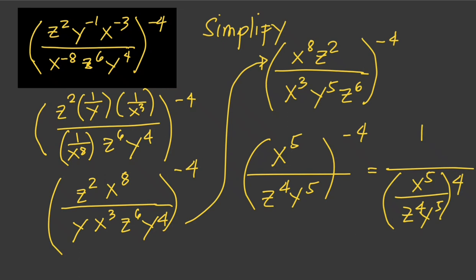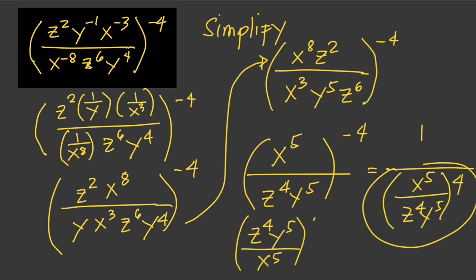Then we can flip this expression here. So we can write that as z to the 4th, y to the 5th over x to the 5th, to the power of 4. And now we can apply the power of a power rule.